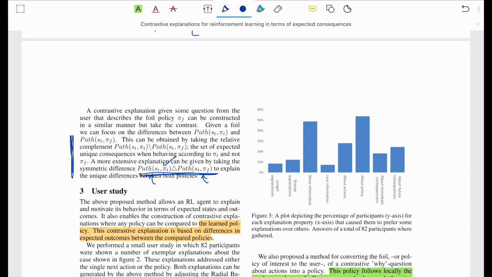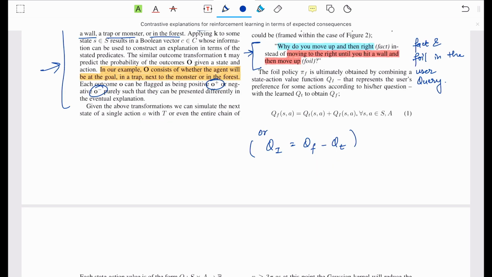Now, instead of learning the policy, what these people do is they learn a q value function and then they use those q values to get the policy. Now, as I said, the human, let's suppose in this example here, has only provided us with what to do in a partial sense. The human has not given us what to do in each and every possible state. So we cannot truly approximate what the human would have done in other states too.